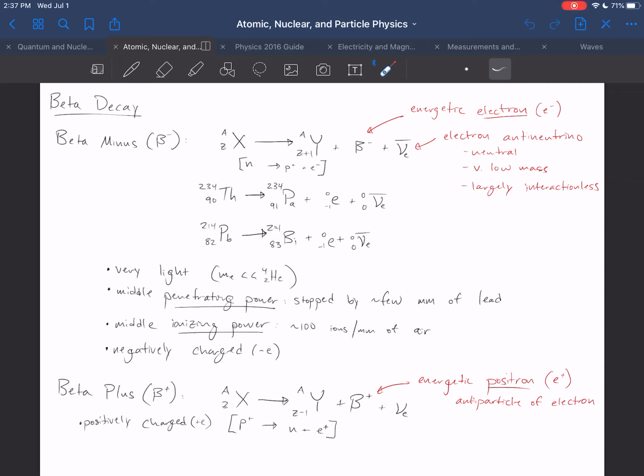Our best neutrino detectors are massive. They tend to be buried underground, and they detect somewhere between 2 and 100 events per year. So very, very, very low interaction rate. And its discovery is actually an interesting story for another time.